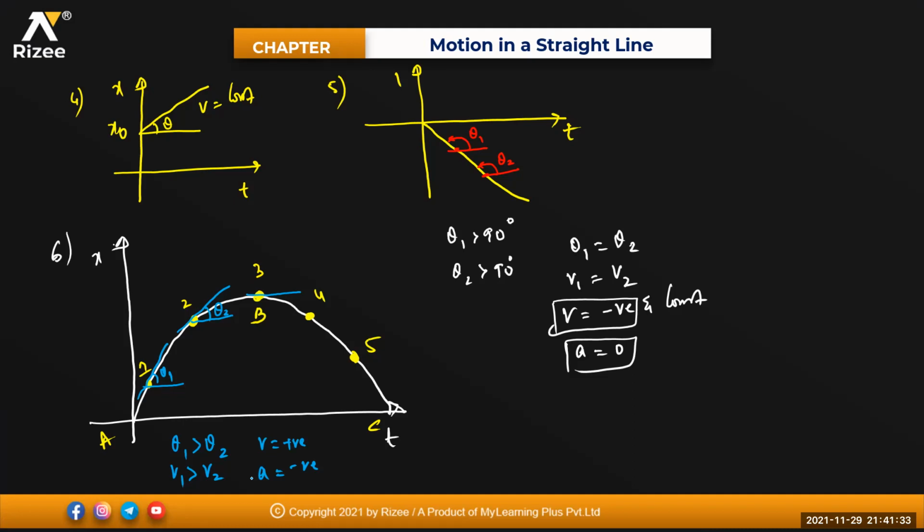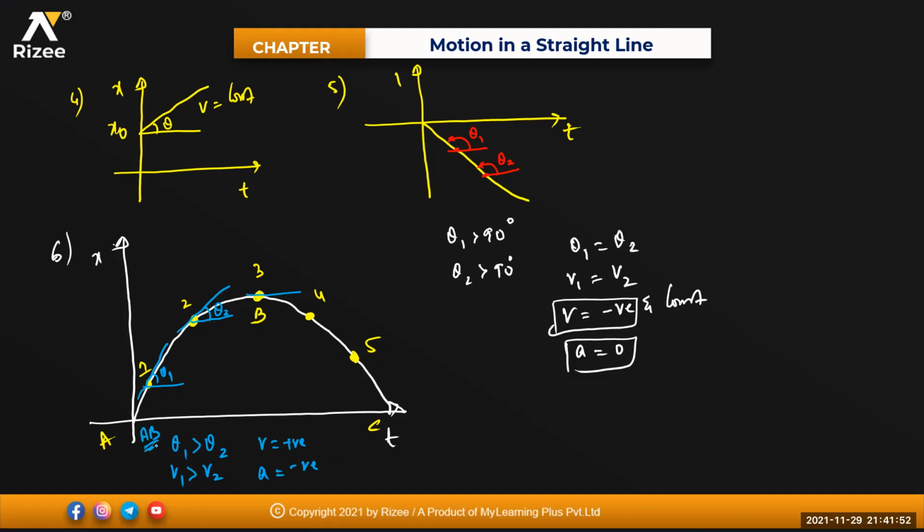Isn't it? So at 1 the velocity is more, at 2 it is less. V3 is decreased. That means what is happening? Velocity is decreasing. Okay.